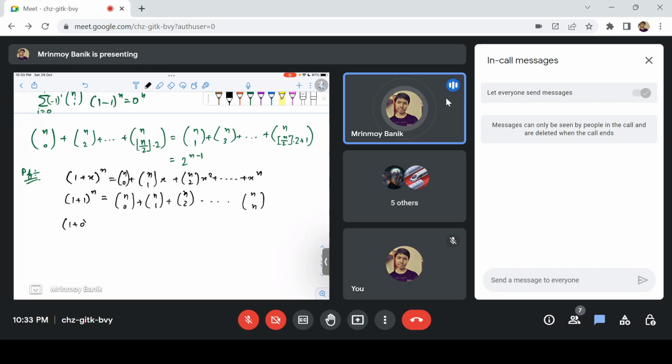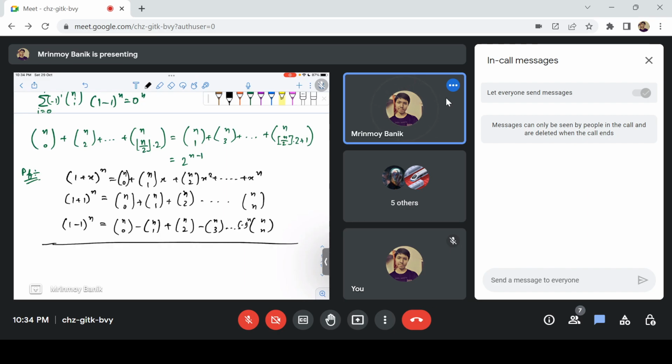Next we put minus 1 here: nC0 minus nC1 plus nC2 minus nC3 up to nCn times minus 1 power n, which is 0 power n.